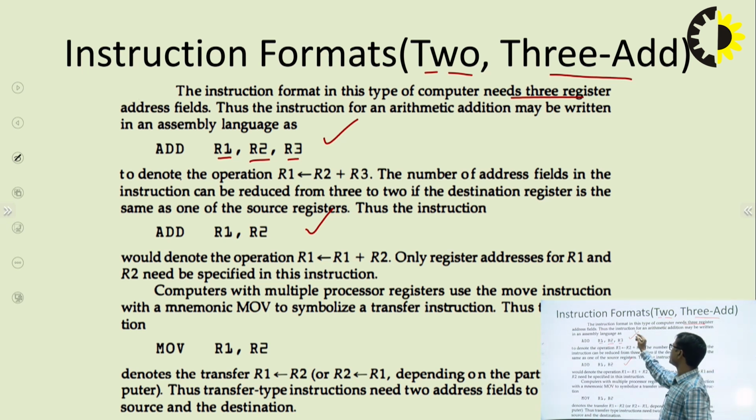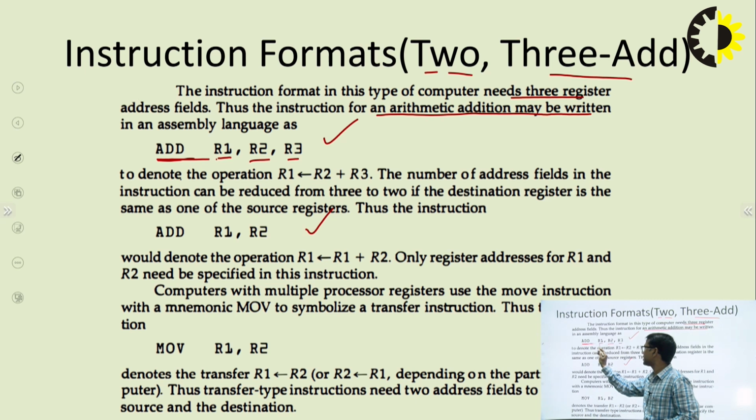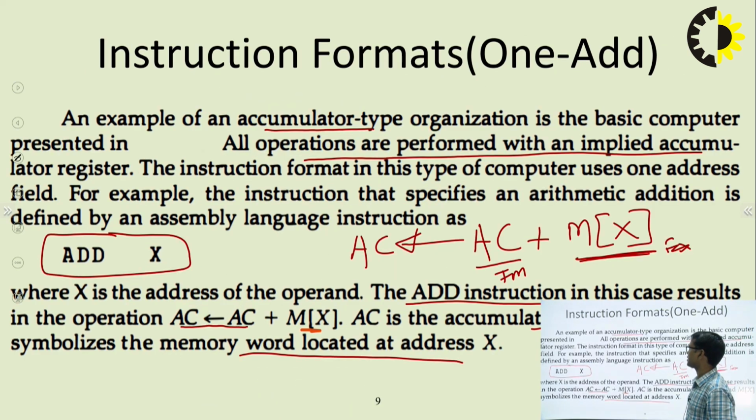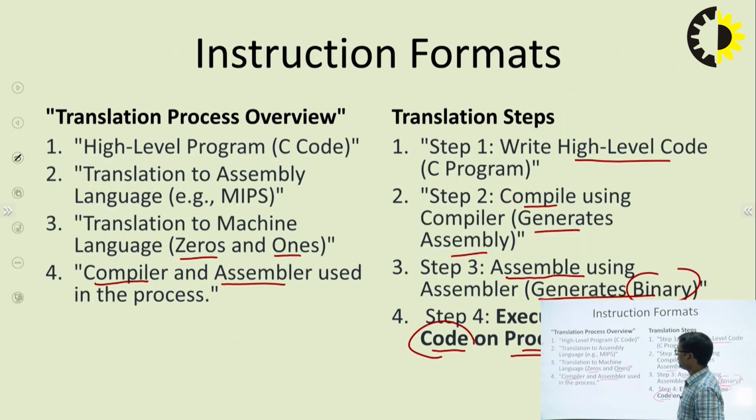Thus the instruction for arithmetic addition may be written in assembly language like this. You know this assembly language instruction is an outcome we discussed previously at the start of the topic: first we write a C program, then the compiler converts it into an assembly language program, and that is the assembly program we are talking about.